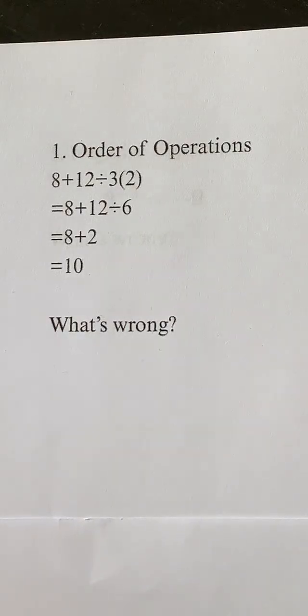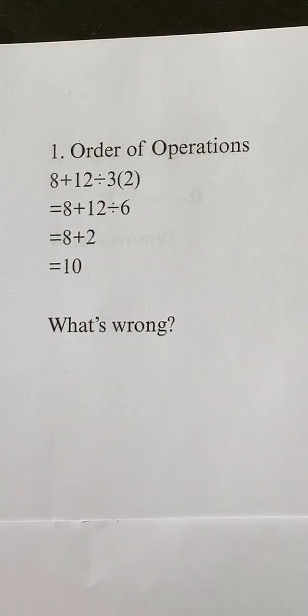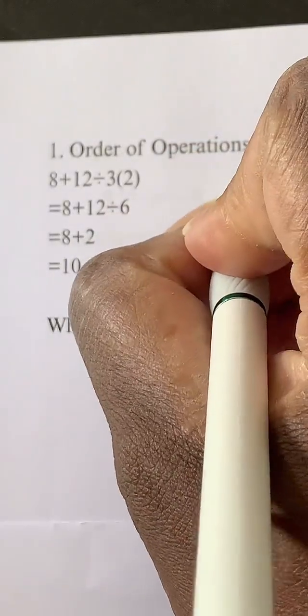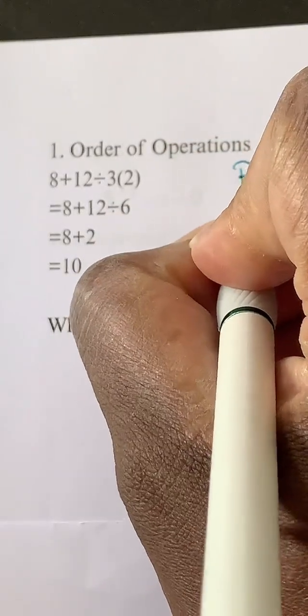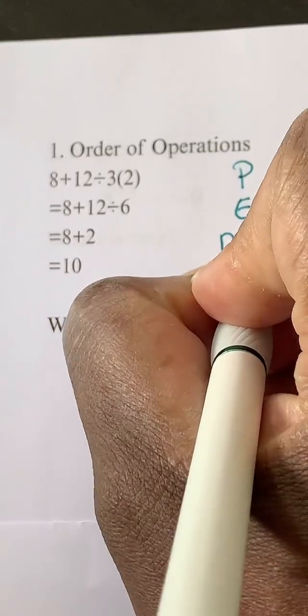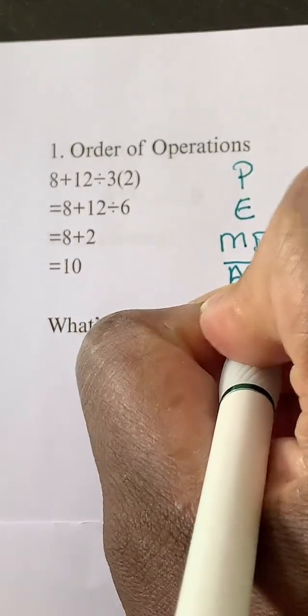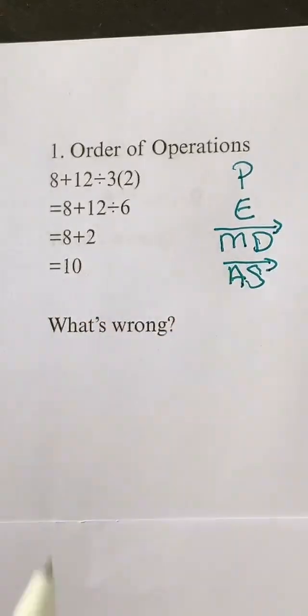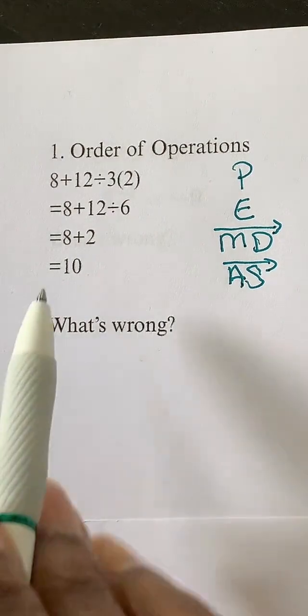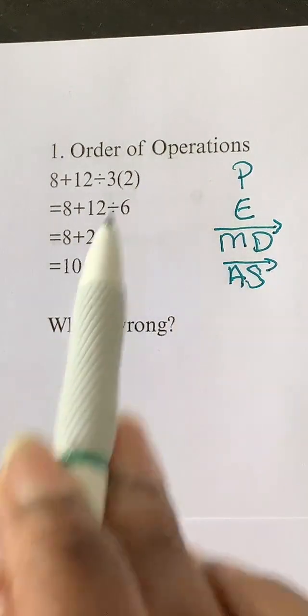All right, so if we take a look, remembering our PEMDAS: parentheses, exponents, multiplication and division, addition and subtraction. And the part that everyone keeps forgetting, from left to right.